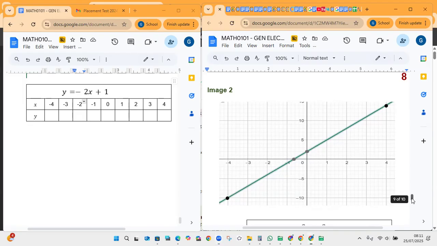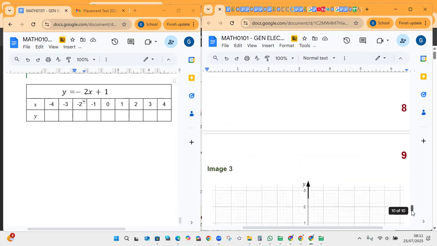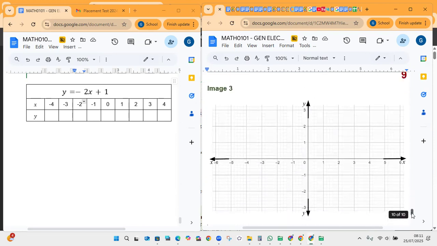So let us see what the y values will be doing for this equation. What we need to do now is to substitute the x solution into the equation and evaluate for y.